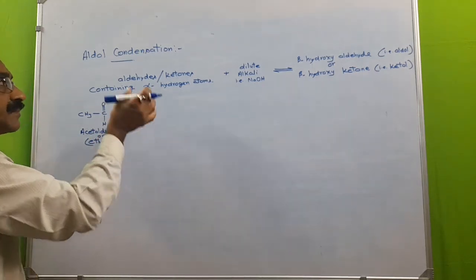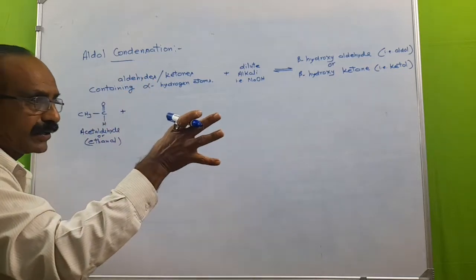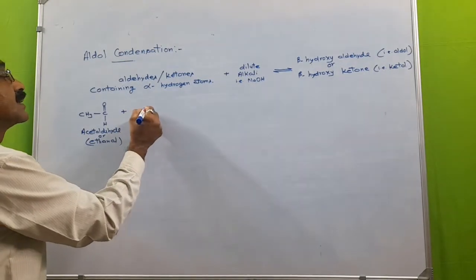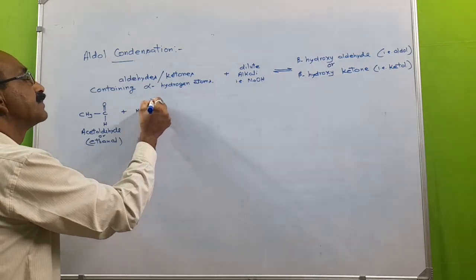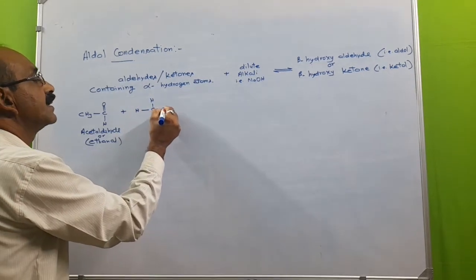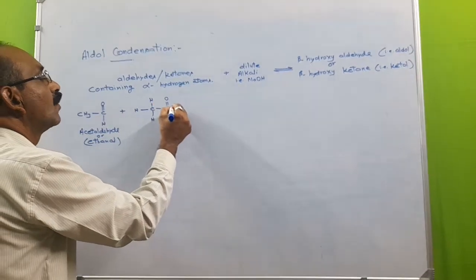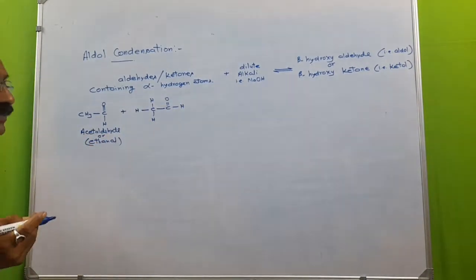See here, condensation means molecules will combine together. I am taking another molecule of the same acetaldehyde here. This is CH3, C double bond O and H.